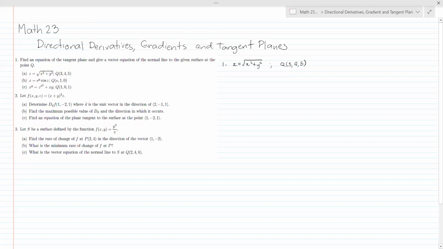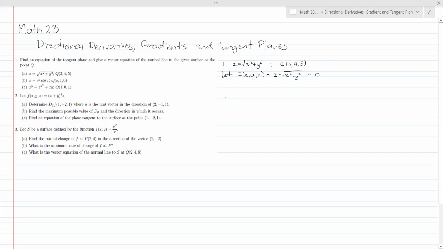Pero first, express muna natin ang equation natin as F of x, y, and z will be equal to z minus square root of x squared plus y squared. So, note na this is equal to 0. So, kung equal to 0, this is equivalent lang din dun sa equation na we have.